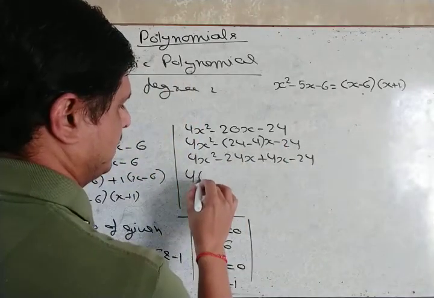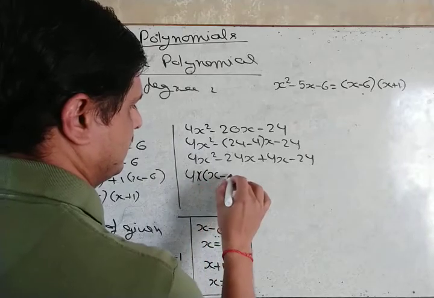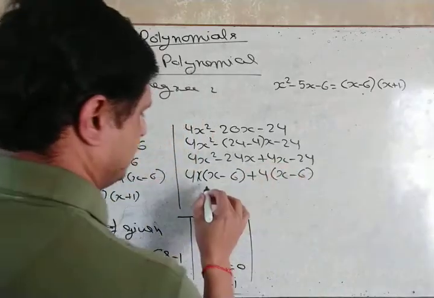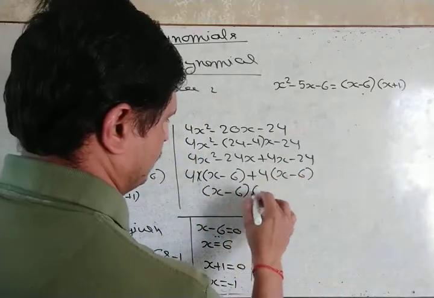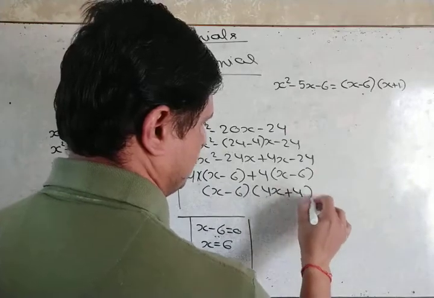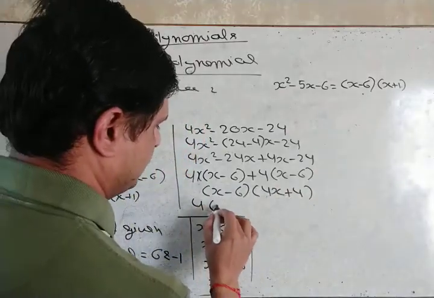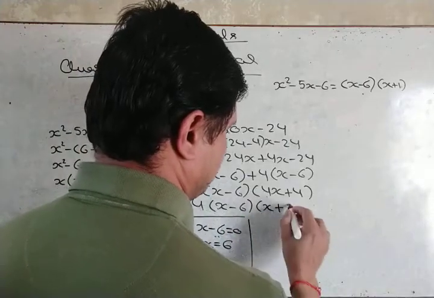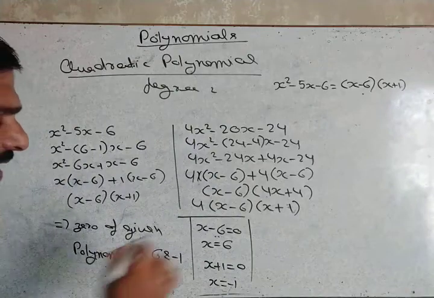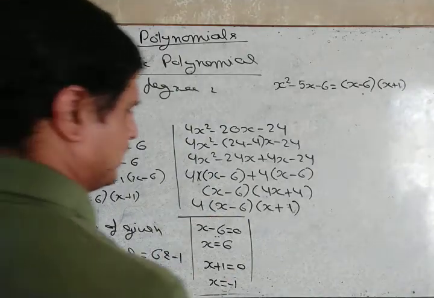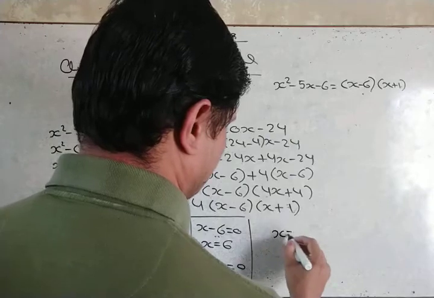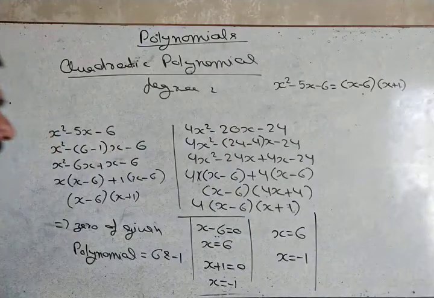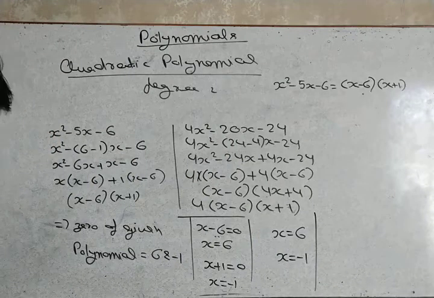If we take 4x common here, we get this, and we can also take 4 common from the other part. Then the solution is this, and the zeros of this equation are x equal to 6 and x equal to minus 1.